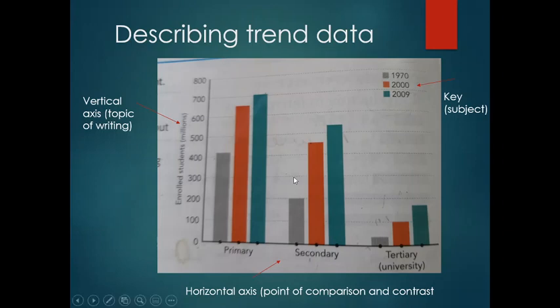So you can compare primary school with secondary school, with tertiary school or the university. And then on the vertical axis, this part, this is actually showing the topic of writing. So you're talking about what? What's your topic? You're talking about the number of enrolled students.